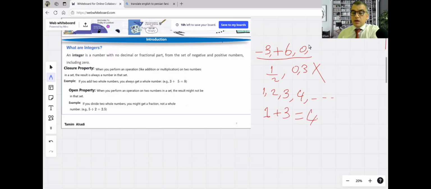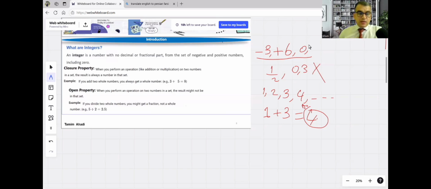See, whenever I pick two numbers from natural numbers, again the result you can find in this set. So that is why we say, based on that definition, natural numbers are closed under addition.